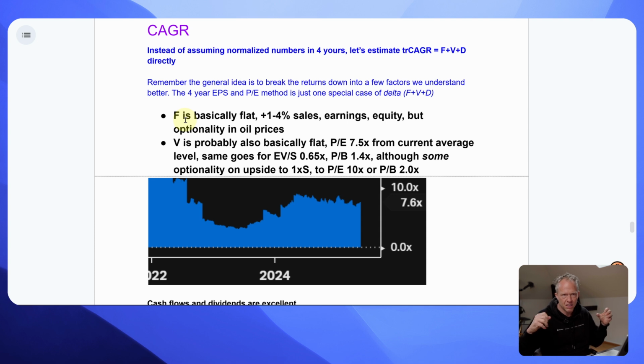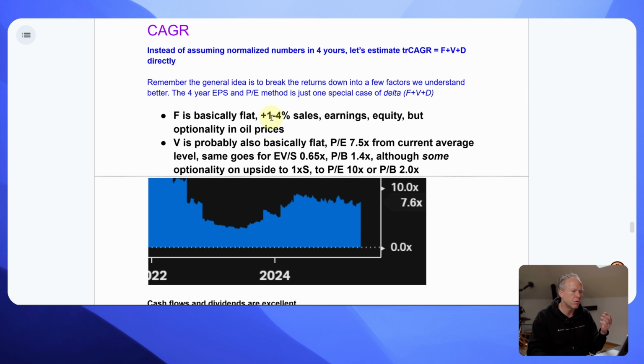So in Equinor's case, since they will not expand their volumes significantly, we simply assume that they might grow more or less with an average inflation rate. So I would say that their fundamentals, and that could be sales, as we saw, pretty stable, or earnings per share, pretty stable, or their actual book equity, so their net asset base, that these might be growing slightly.